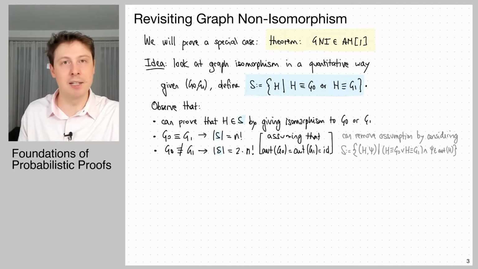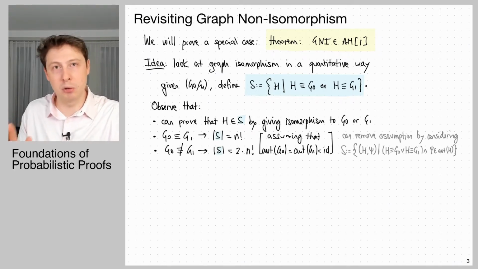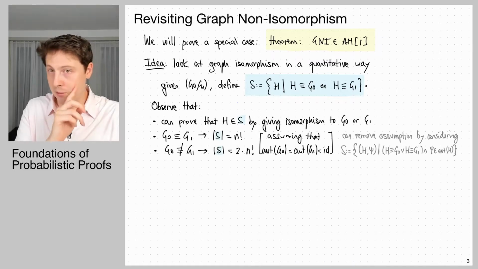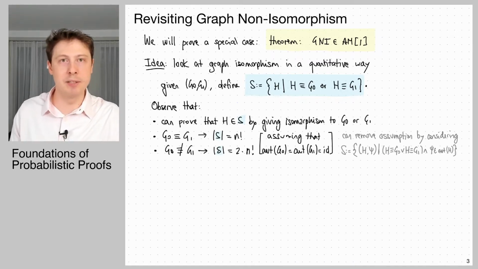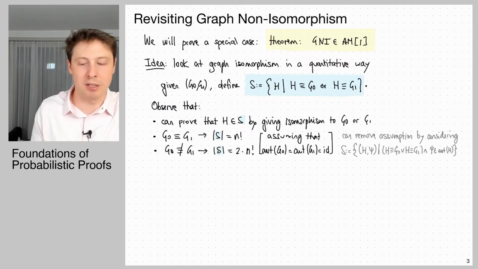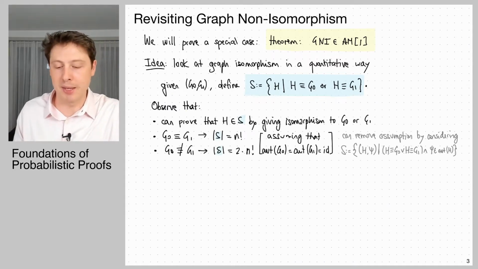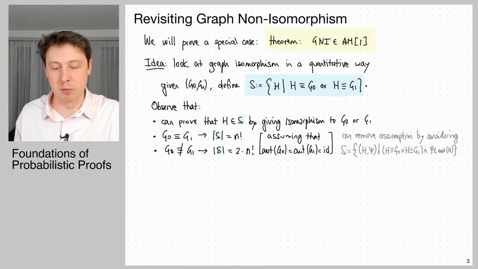And again, this set has size either n factorial or 2 times n factorial. We'll primarily shove this under the carpet; you can think of it as assuming that G0 and G1 are special and that they have a degenerate automorphism group.